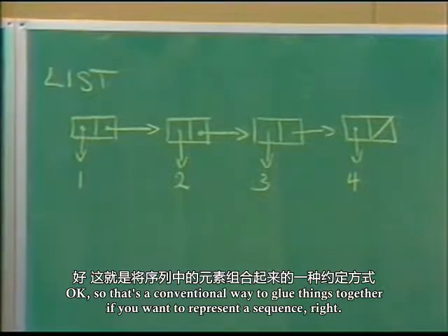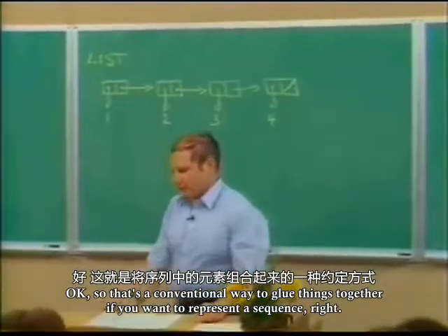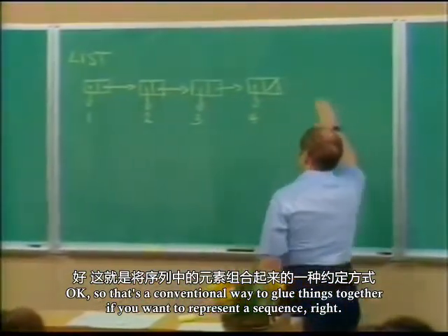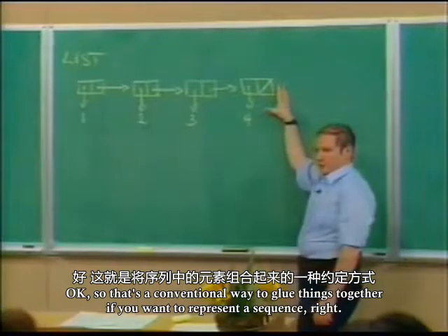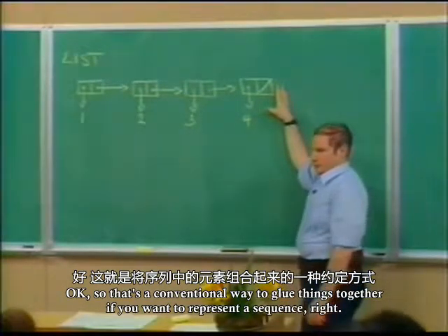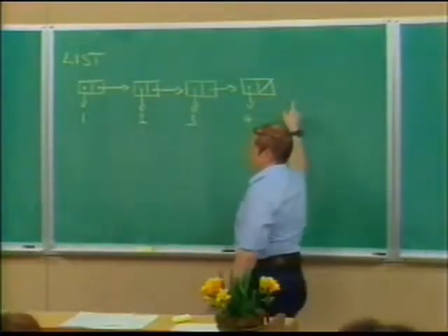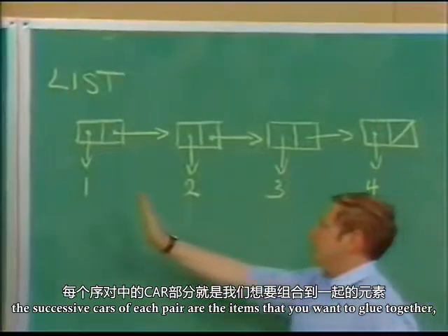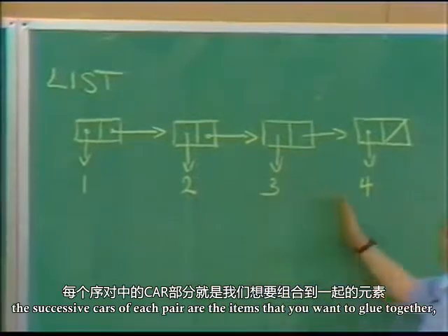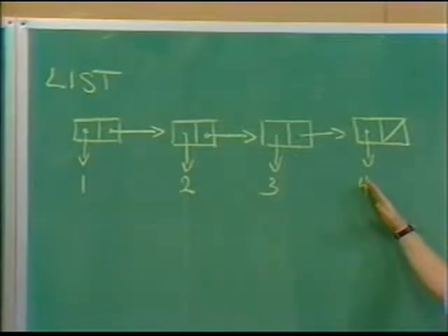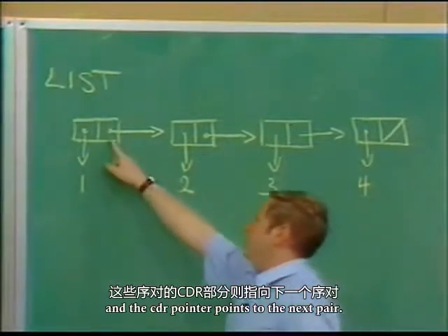Okay, so that's a conventional way to glue things together if you want to represent a sequence. What it is is a bunch of pairs. The successive cars of each pair are the items that you want to glue together, and the cdr pointer points to the next pair.